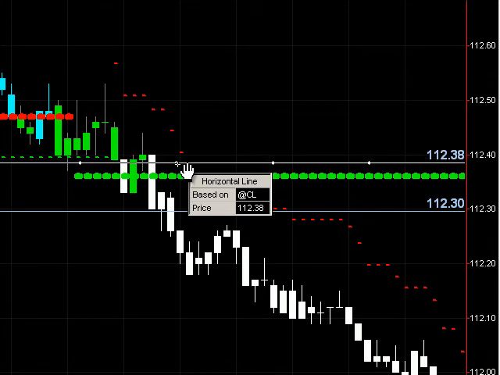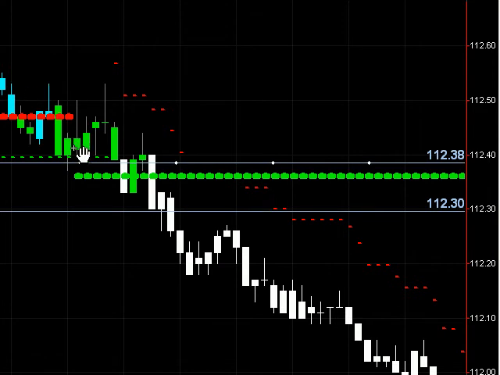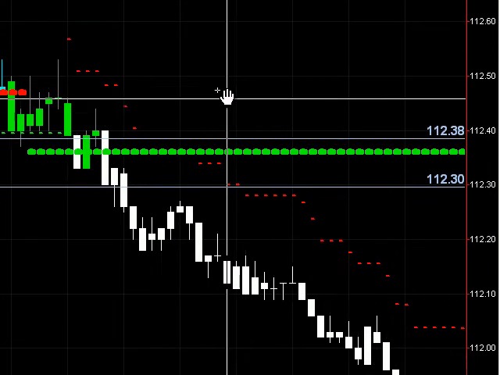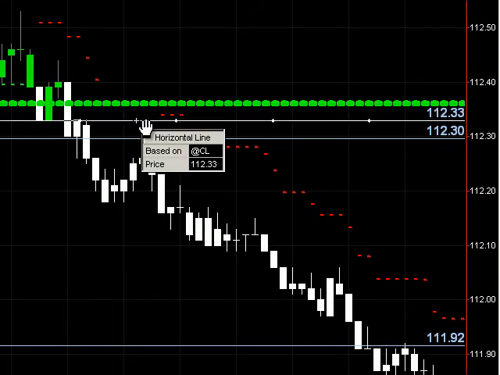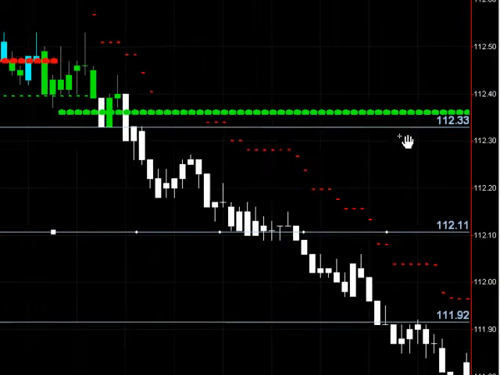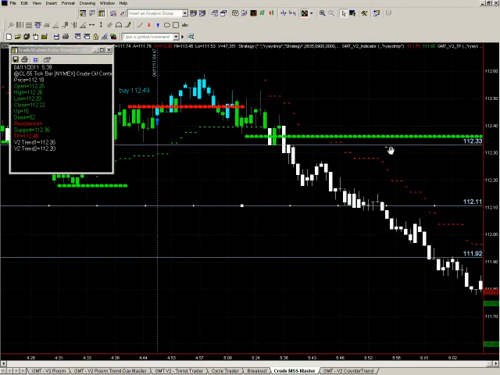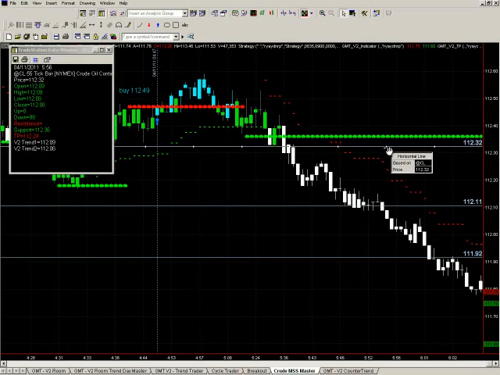If you took it 2 points below there, you were looking at about an 11-point loss. So that would be your first trade, negative 11. Then for me, the next trade would be a short there, and the trade would set up at 112.33, and I'd work a point below, so 112.32, and that would be my sell setup.